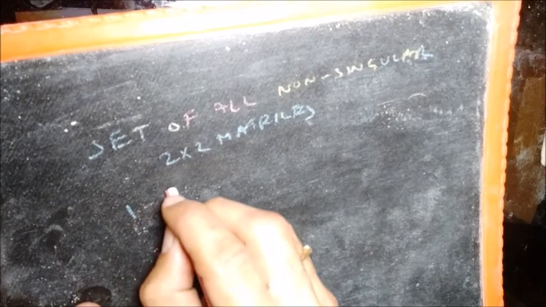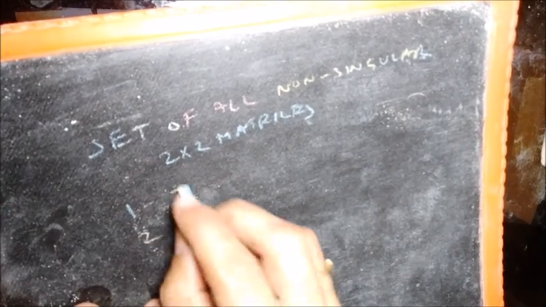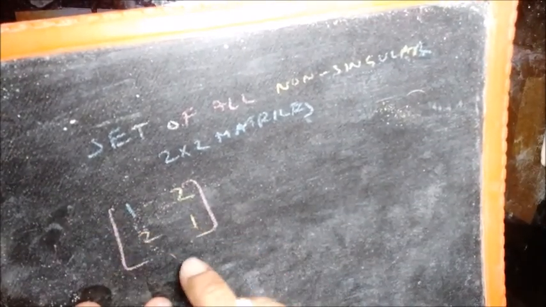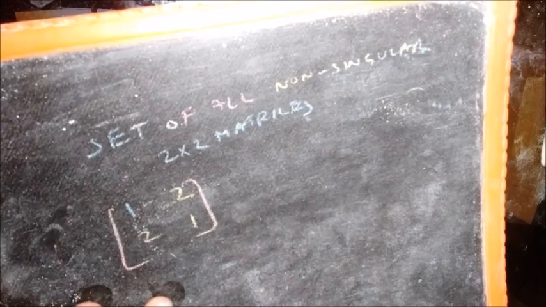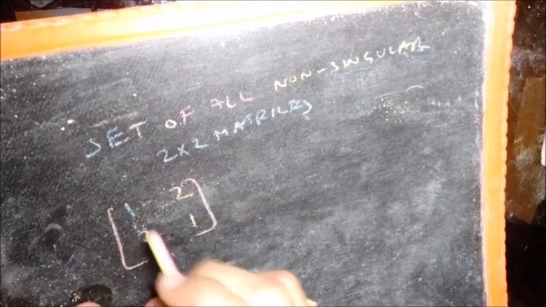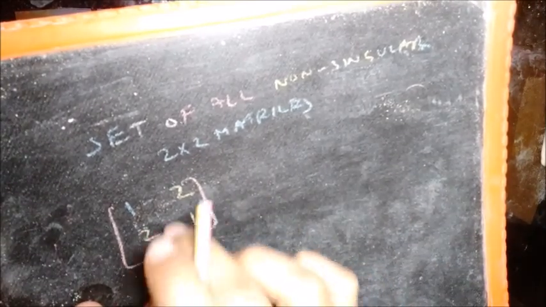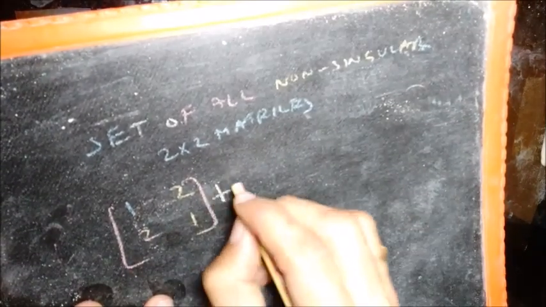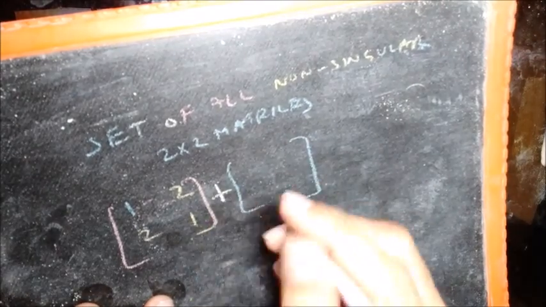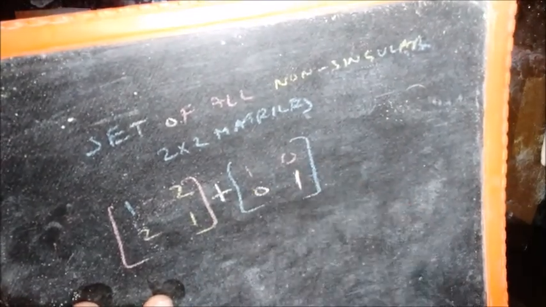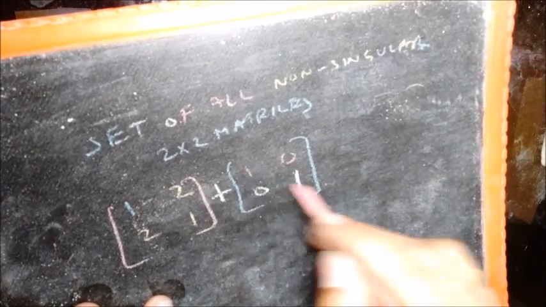Let us take 1, 2, 2, 1. Now this is a non-singular matrix because its determinant is not 0. So the determinant is 1 minus 4, that is minus 3, and the determinant is not 0, which means that this is a non-singular matrix. Let us add this to another non-singular matrix. This is another non-singular matrix because again its determinant is not 0.